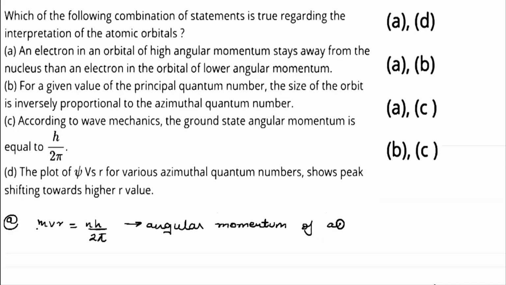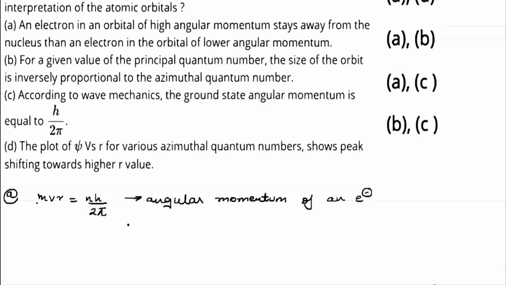So this is the angular momentum of an electron, where n is the principal quantum number. This also implies one thing: the angular momentum is directly proportional to the principal quantum number.